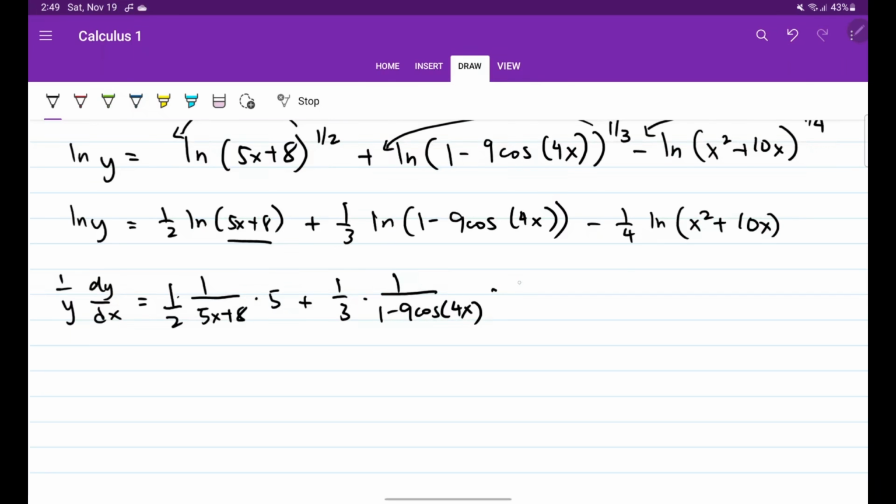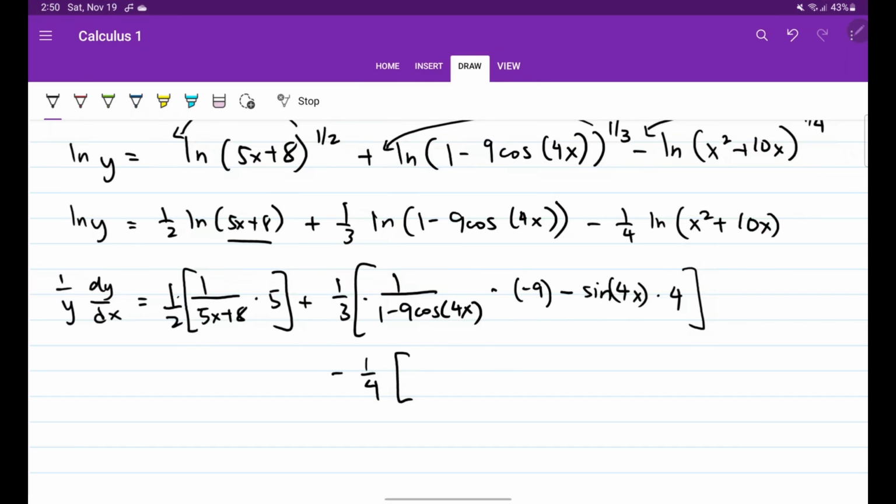So this is times negative 9 negative sine 4x times 4. Okay? So lagay natin sila in square brackets minus 1/4 ng 1 over x squared plus 10x times 2x plus 10.